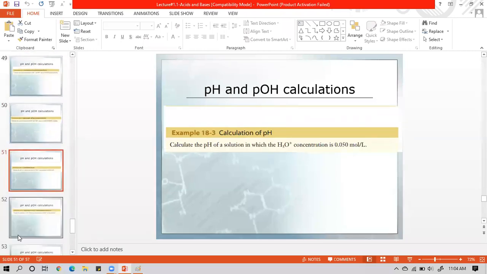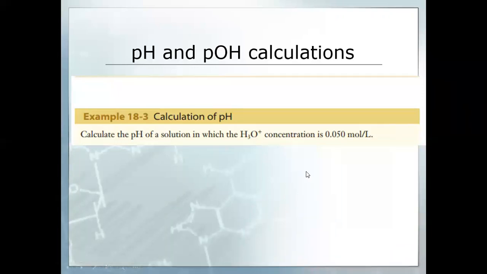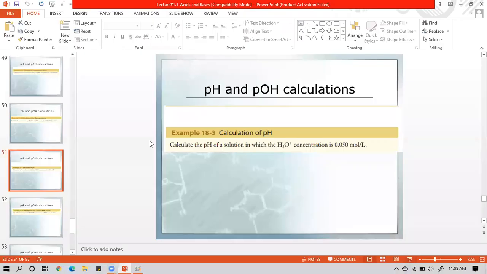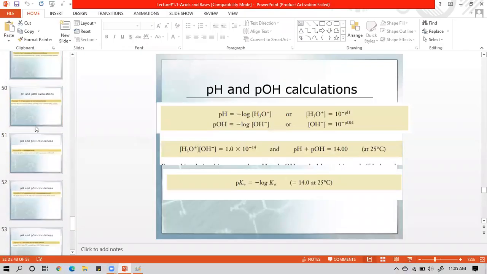For 18-3, I think you all know how to calculate this one. Just use the negative log of the hydronium ion, 0.05 molar, using this formula.